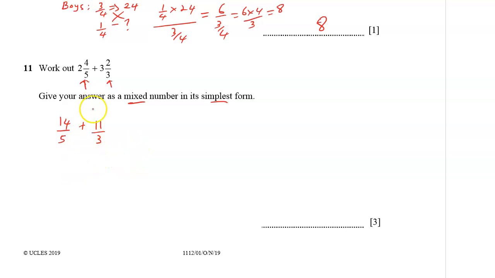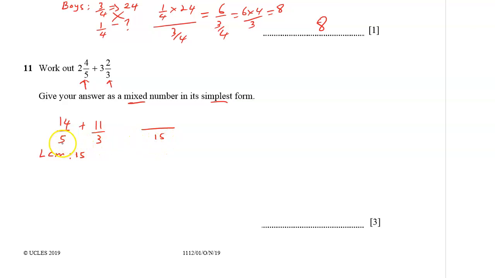So to add these two fractions, we need the LCM of 5 and 3. The LCM of 5 and 3 is 15. And therefore we have 15 there.